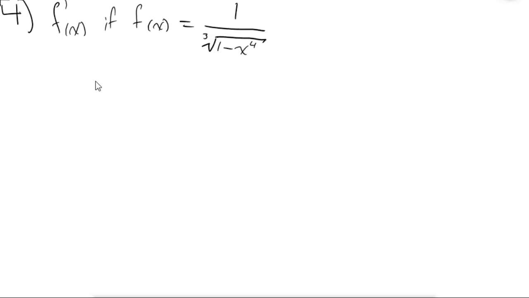So first of all, we're going to rewrite this function, make things just a little easier. So that is the same as 1 minus x to the power of 4, all to the power of negative 1/3. So using our rules, our chain rule combined with our power rule.